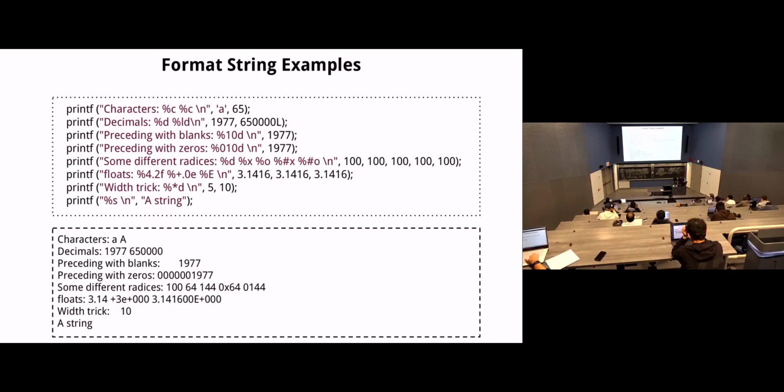Okay, next, let's use this example to show you how the format string works. We have 8 different printf calls here with 8 different format strings. In this box we have the source code, and in this box I have the output. The first one is printf with percentage c, note that there is a white space, white space, percentage c, then a, lowercase a, and 65.